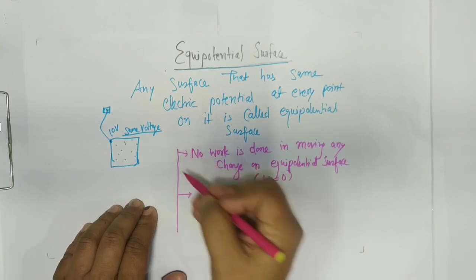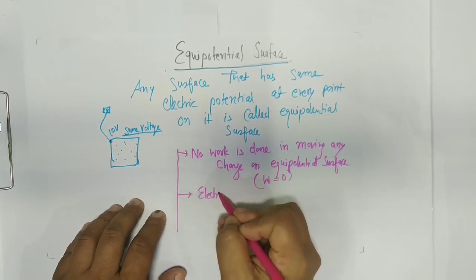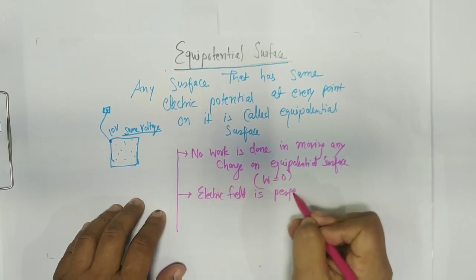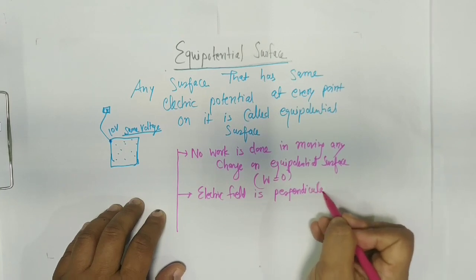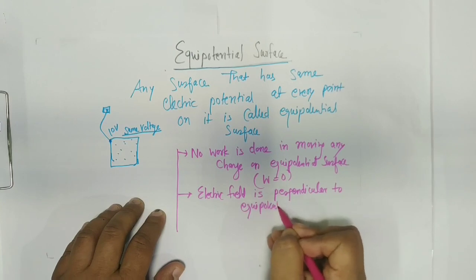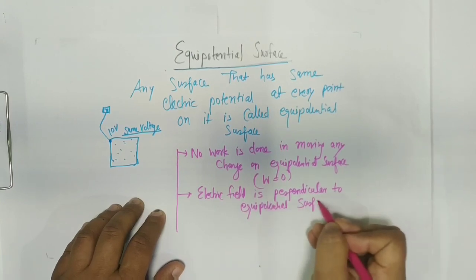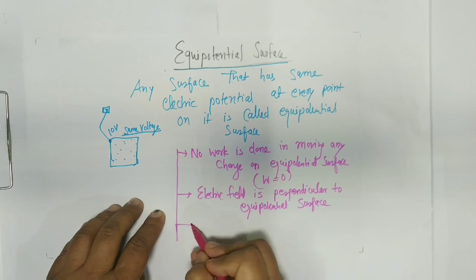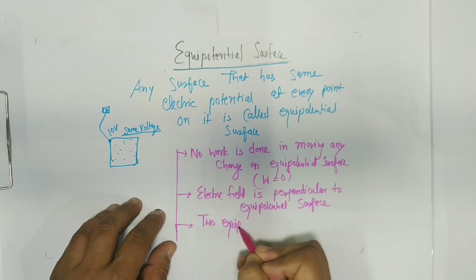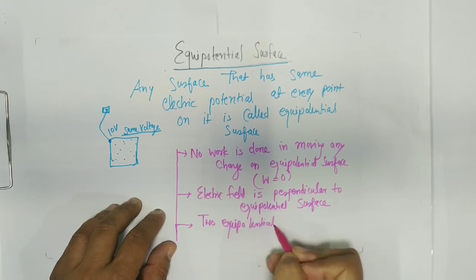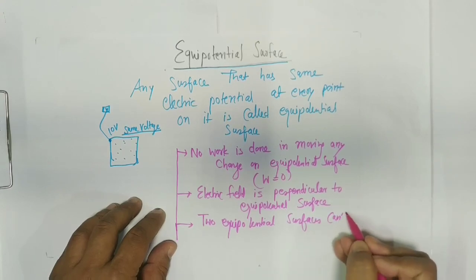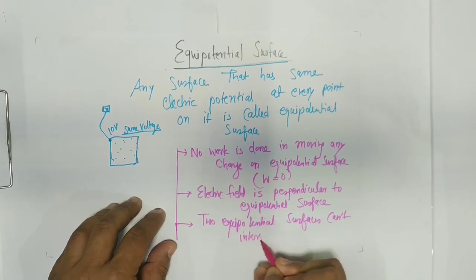Second is that the electric field is perpendicular to the equipotential surface. This we can also prove. And the third one is, two equipotential surfaces can't intersect each other.